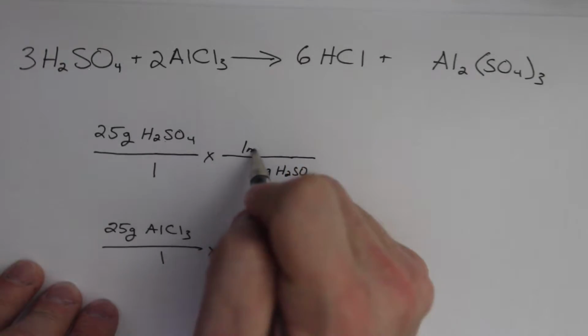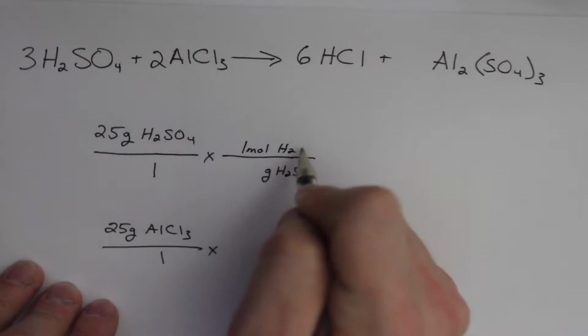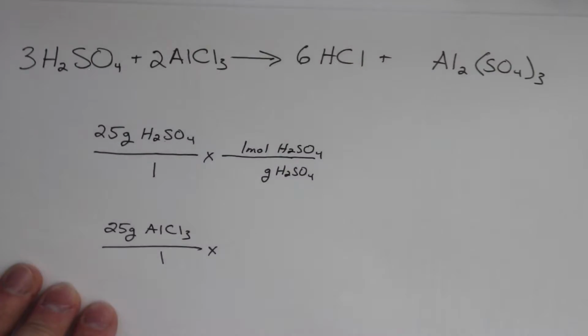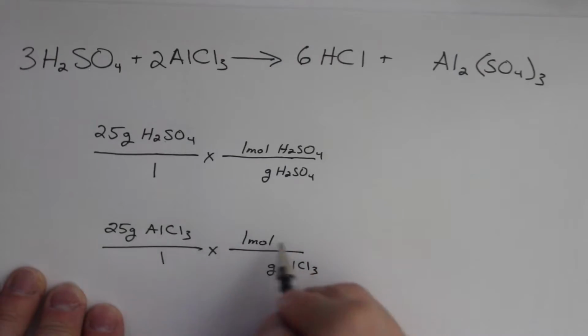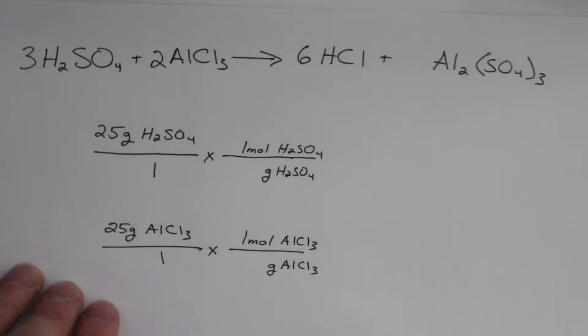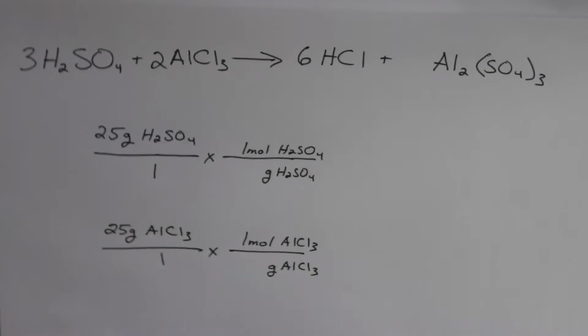That'll leave us with moles of sulfuric acid on top. And then we're going to do the same thing on the bottom, where we have grams of aluminum chloride on the bottom and moles of aluminum chloride on top. And again, that just makes sure that our grams of aluminum chloride cancel. Okay?